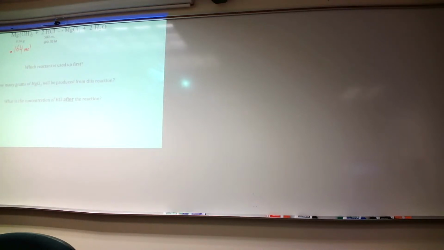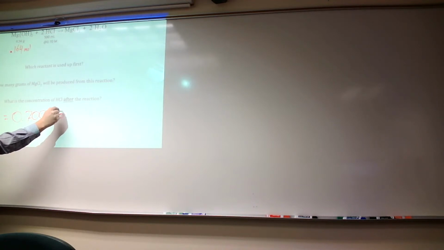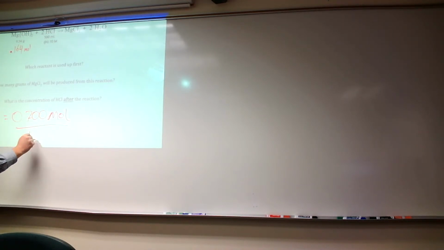Right, so we'll add another sig fig for the sake of not rounding off our important numbers. If that is capital M, that's the same as moles per liter, 1 liter of solution.